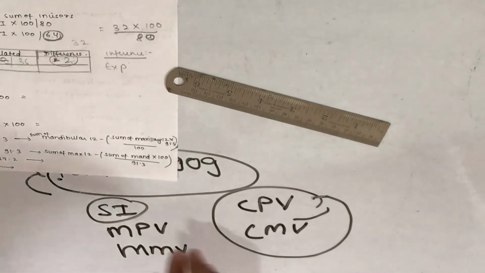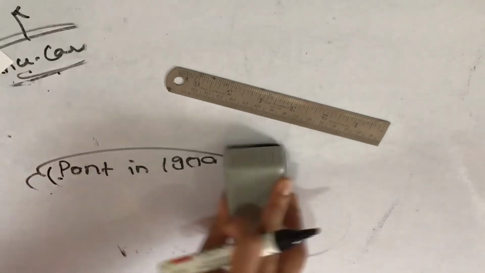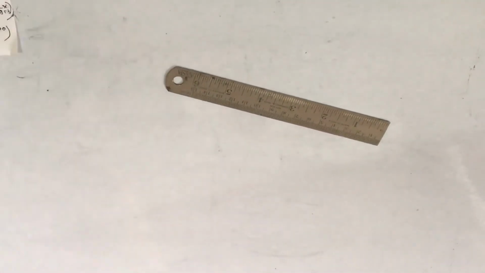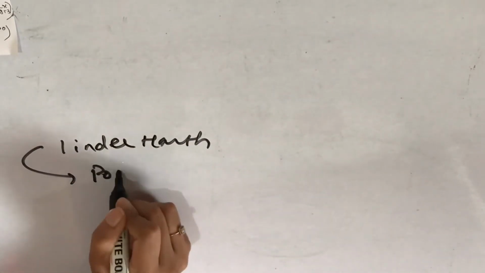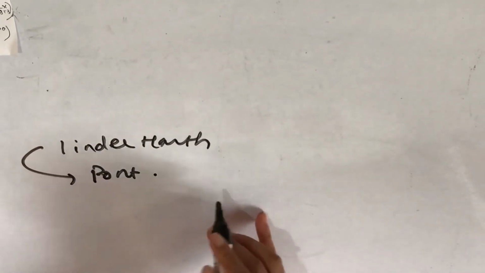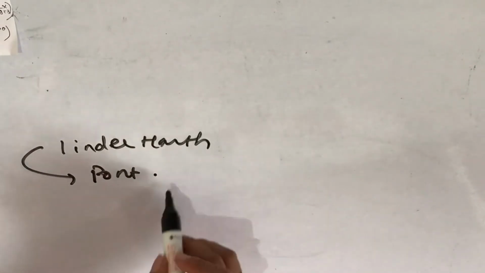The first one is the Linder-Harth analysis. It is basically the same as your Bolton's analysis, just the formula which we were using in the Bolton's analysis is changed.